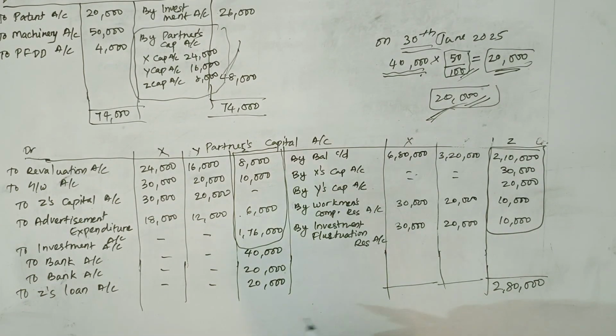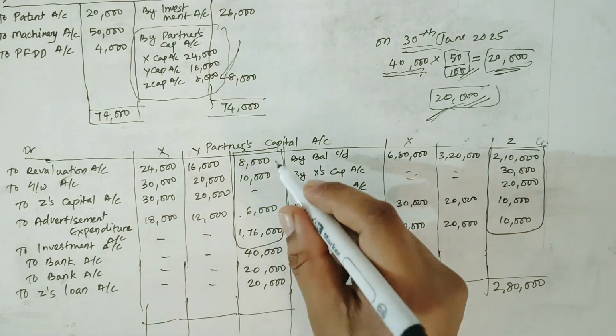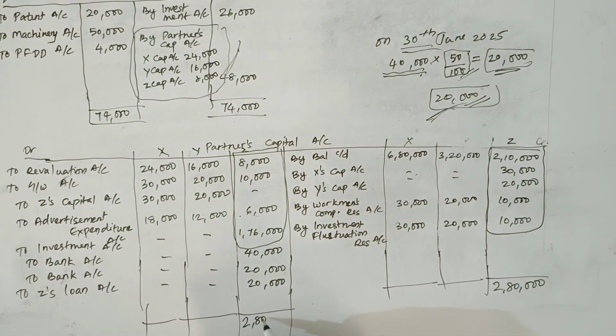Now let's balance the sides. Now Z's side is balanced. Here the total is 3,60,000 and 7,40,000.